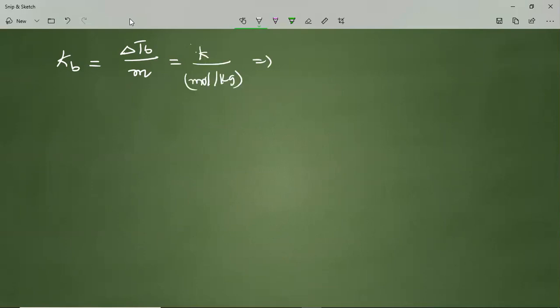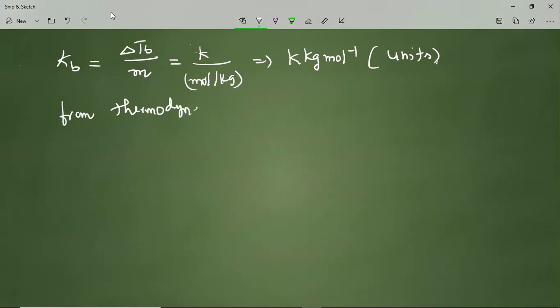Now I am discussing the molal elevation constant according to the thermodynamic relationship.